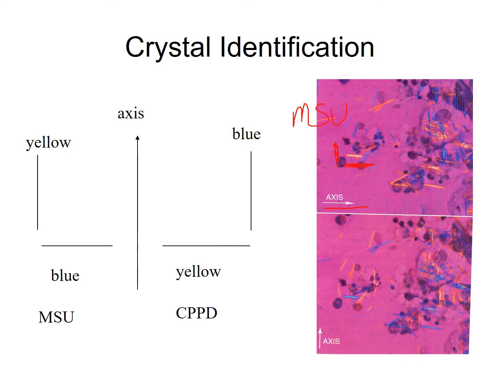Similarly, if the axis is pointing the other way, you're still seeing the parallel yellow crystals and the perpendicular blue, which are still monosodium urate crystals. This would be opposite if you had calcium pyrophosphate dihydrate crystals. Those will be yellow perpendicular and blue parallel to the axis, with shorter, plumper rods, not as long and needle-like as the monosodium urate.